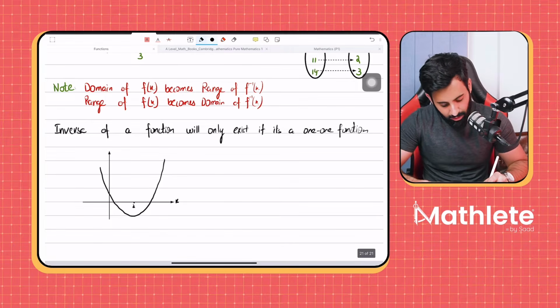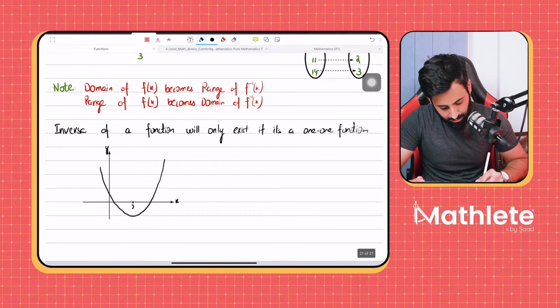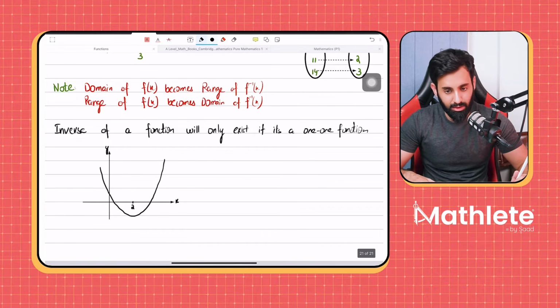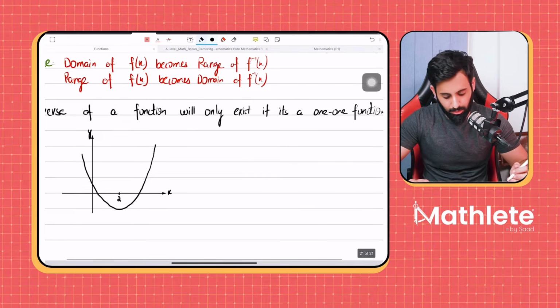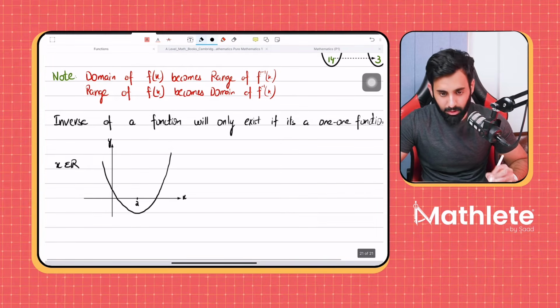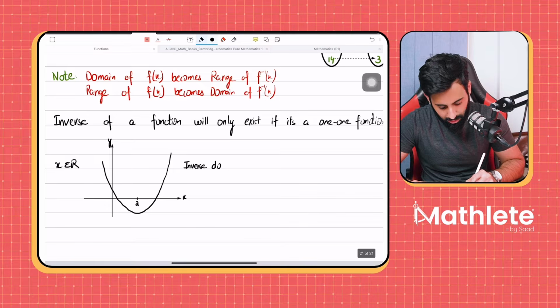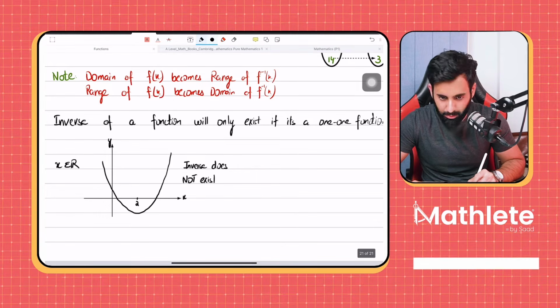So as of now, will the inverse exist? Yes or no? No, it doesn't. And what's the domain as of now? The domain is that x belongs to the set of all real values. So at this point, we say the inverse does not exist.